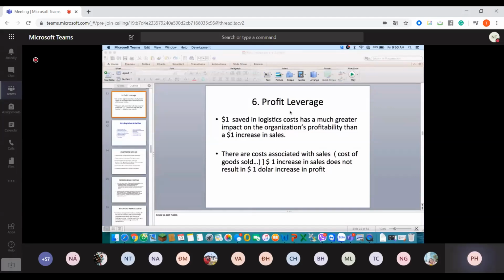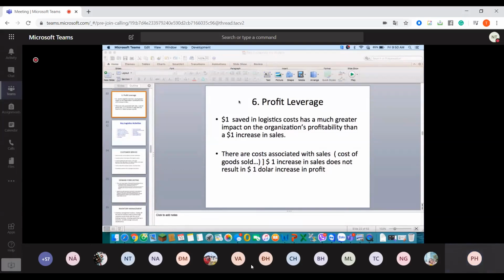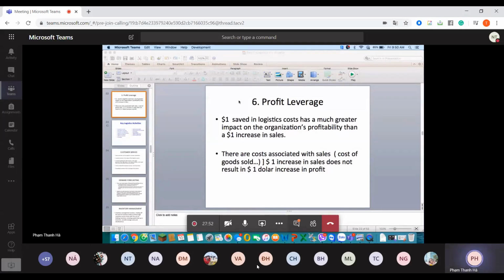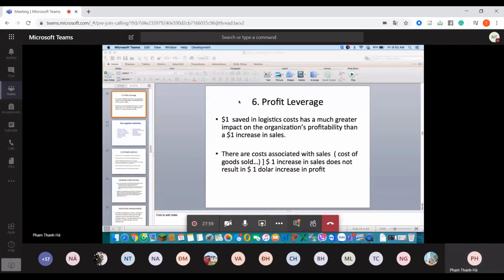Have you observed any activities that can support the operation of the warehouse? Okay, that's good. Any other opinions?